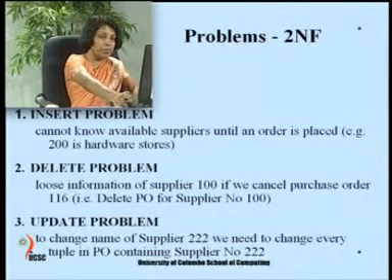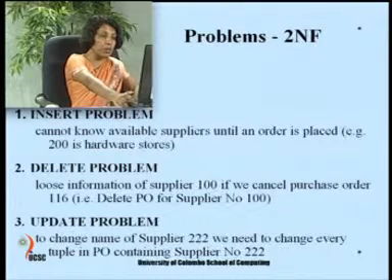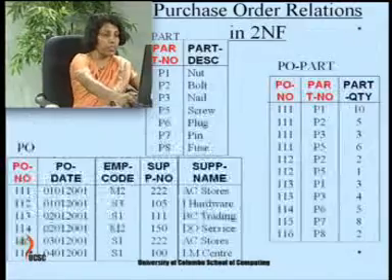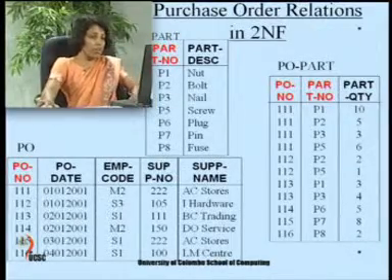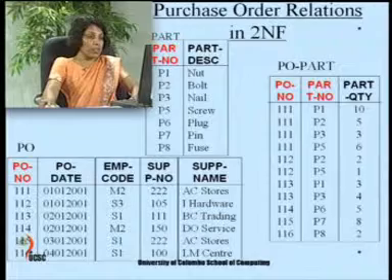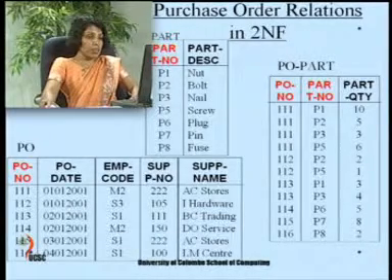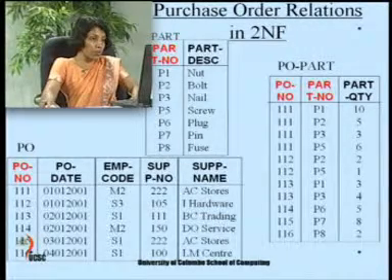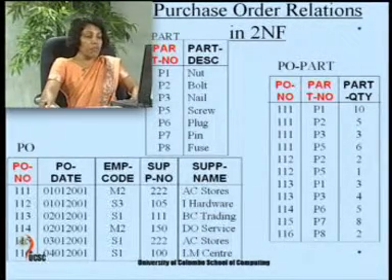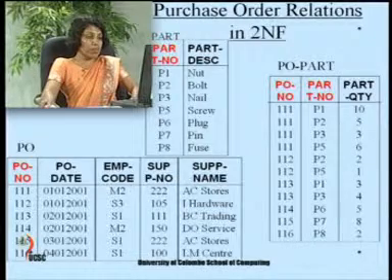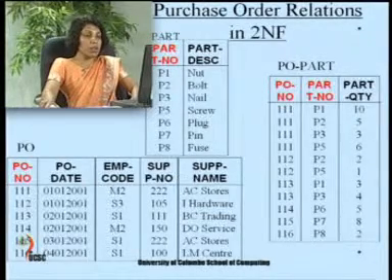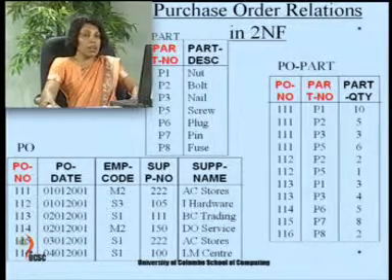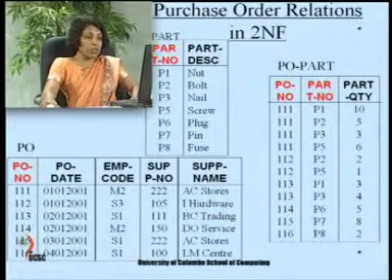For example, here I have taken purchase order 116, and if we delete the purchase order 116, you can see supplier number 100 exists only with respect to purchase order number 116. If we delete the record 116, then we will lose the information relevant to supplier number 100.